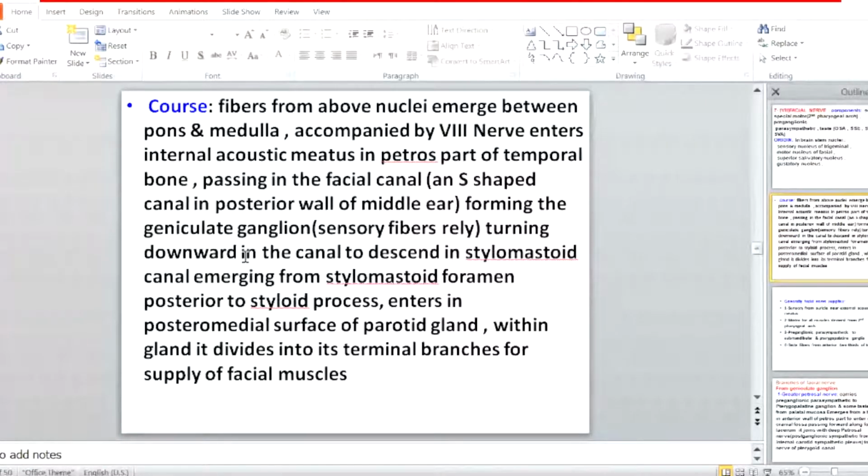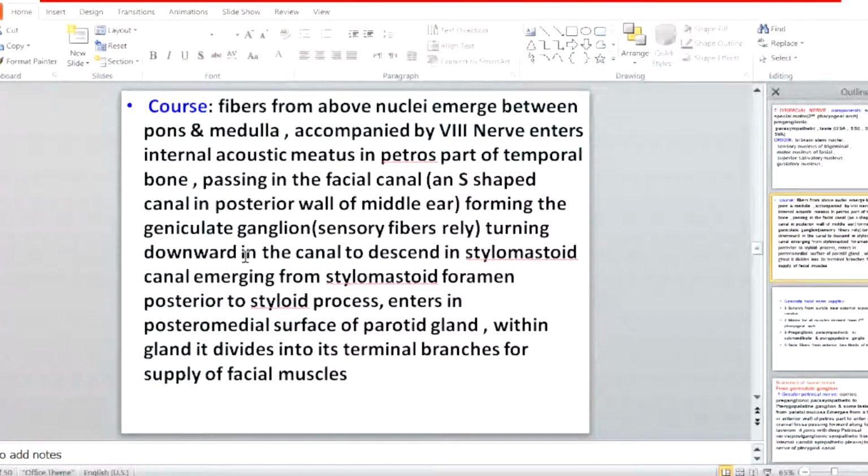Emerging from the nuclei, it forms a curve inside the brainstem, curves around the nucleus of abducens nerve, and it is called the internal genu. Then it emerges between pons and medulla, accompanied by vestibulocochlear nerve.